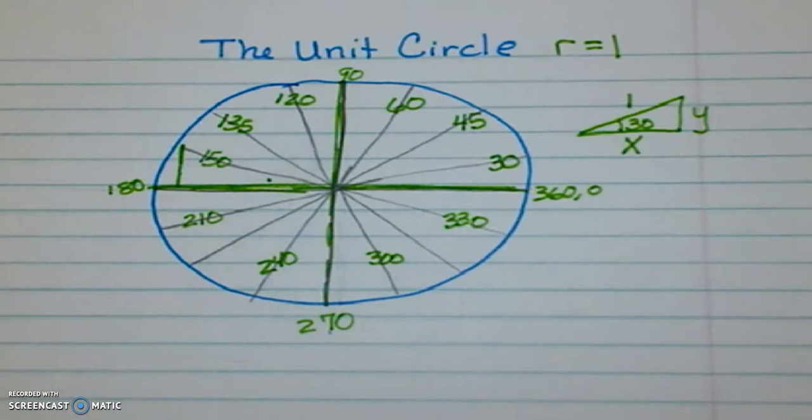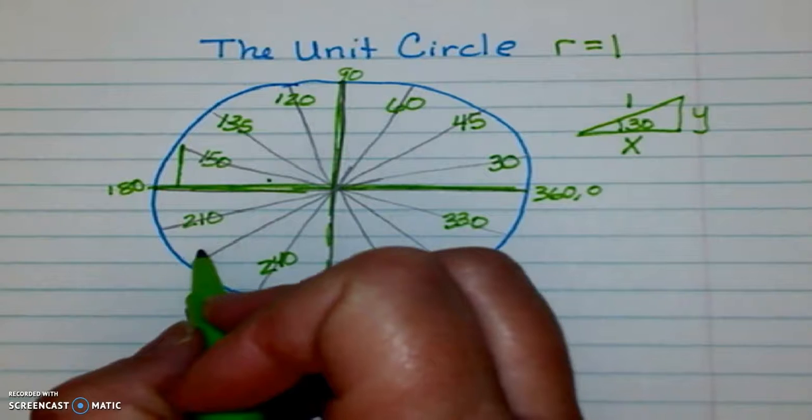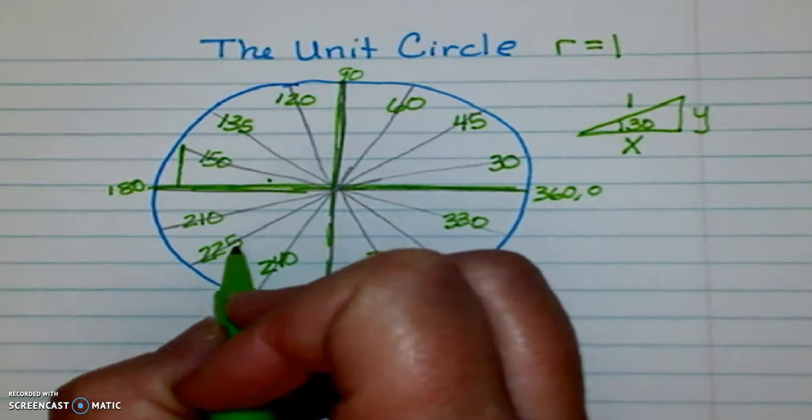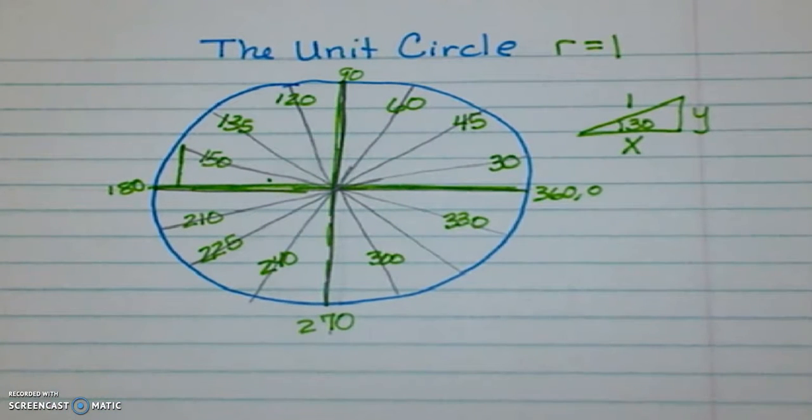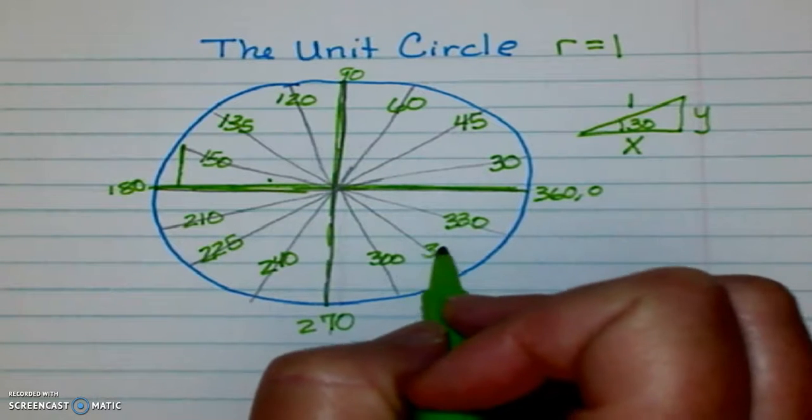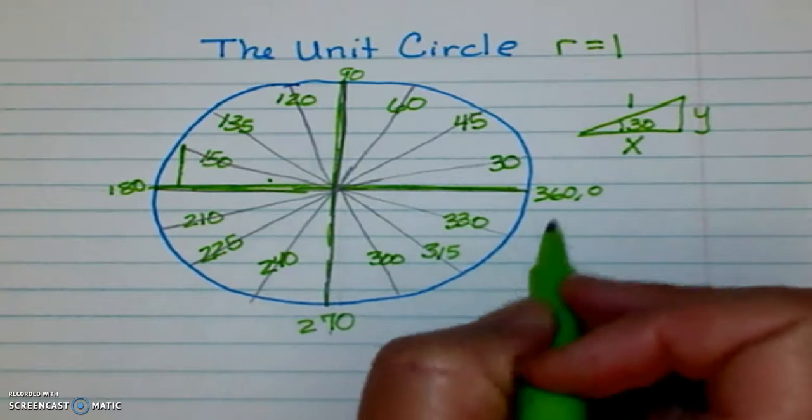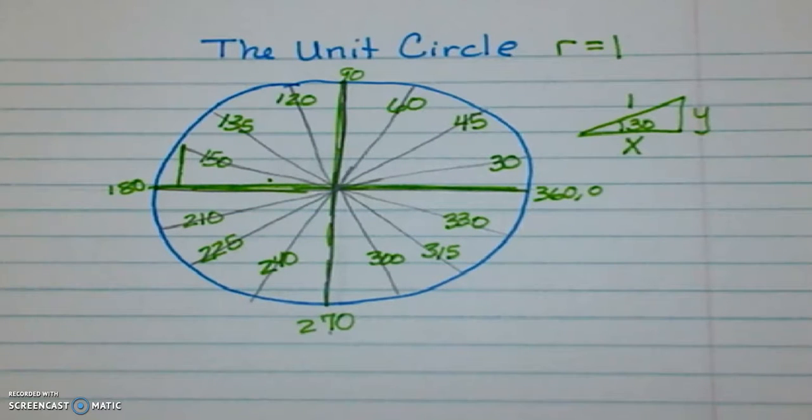You go another 45 degrees, and that puts you here at 225. If you add 45 again, you are going to be at 270. If you add 45 again, this is 315 degrees. And you add 45 again, and you're back to 360. So those are the actual degree measures in a unit circle.